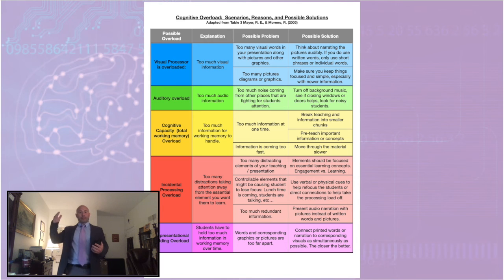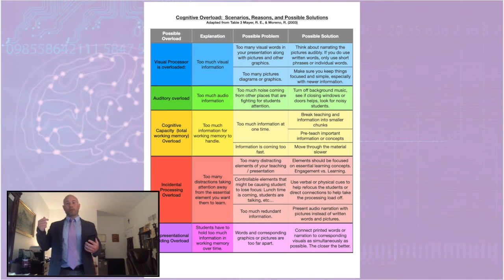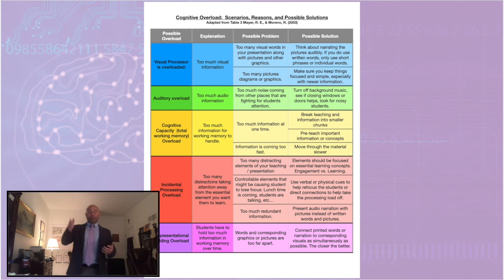And then next to that, there's possible problems that will be caused because of these overloads. But then there's possible solutions that teachers can take in order to avoid these overload scenarios.